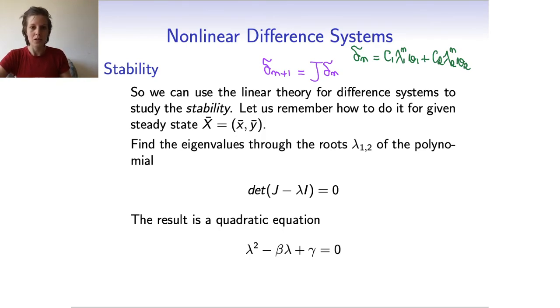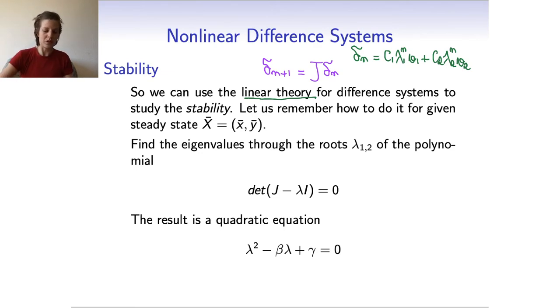Okay, so this is the conclusion. Let's come back a little bit. What I say is that we can use the linear theory for difference systems to study the stability, and we are going to remember how to do it.